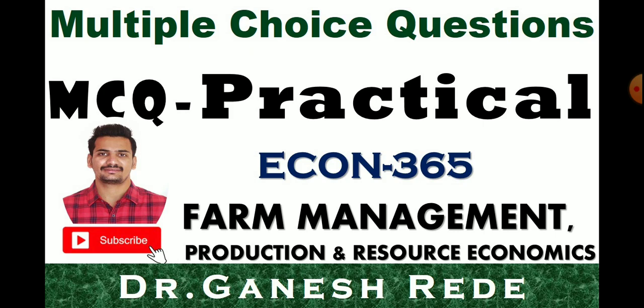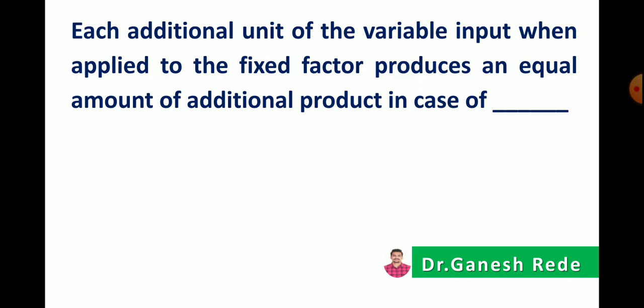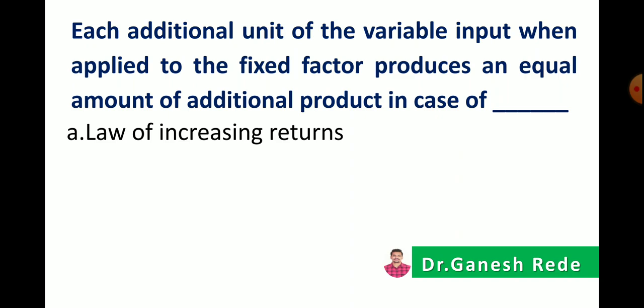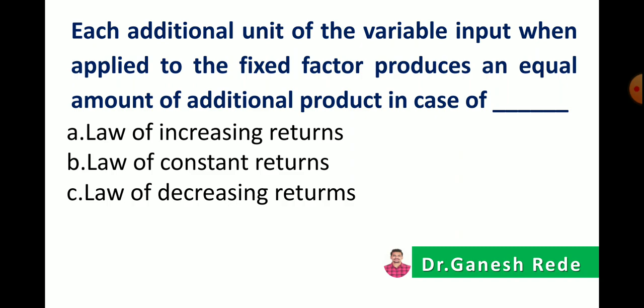So, first question: each additional unit of the variable input when applied to the fixed factor produces an equal amount of additional product in case of dash dash. Option A, law of increasing return; law of constant return; law of decreasing return; or all of these.